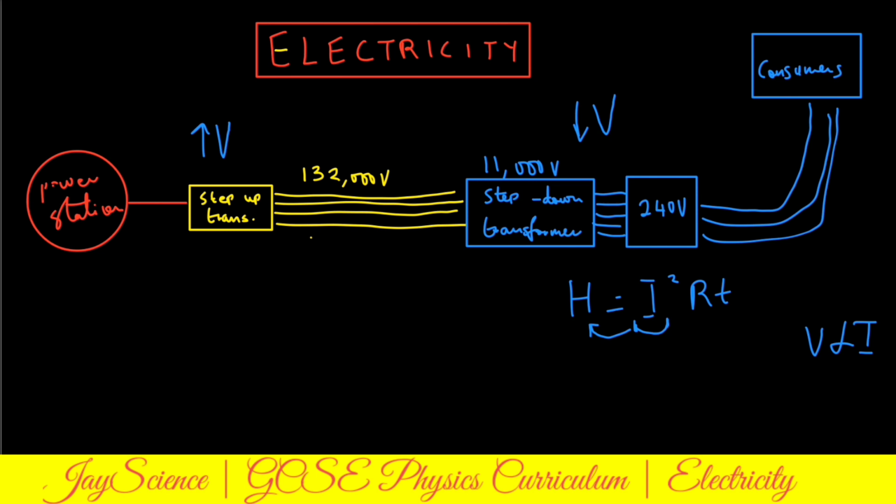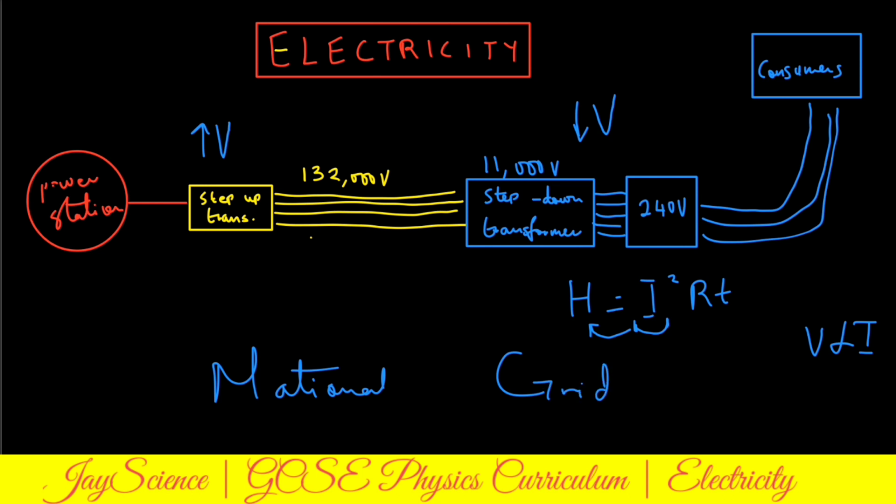All right, now not everything you have on the screen is included in the national grid. The only things in the national grid are the step-up transformer, the transmission cables, and the step-down transformers.